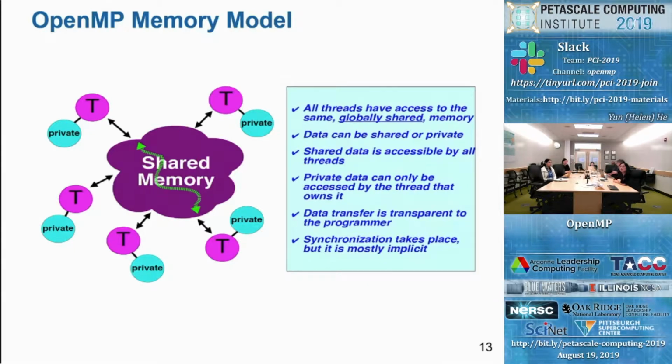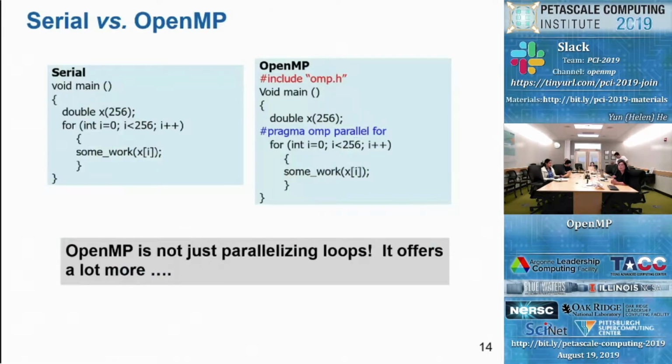That's how they exchange data. How the data transfer happens is transparent to the users. All you do is write to the shared variables. And synchronization is also implicit, as I've mentioned. I'll tell you a couple slides later where those synchronizations happen.